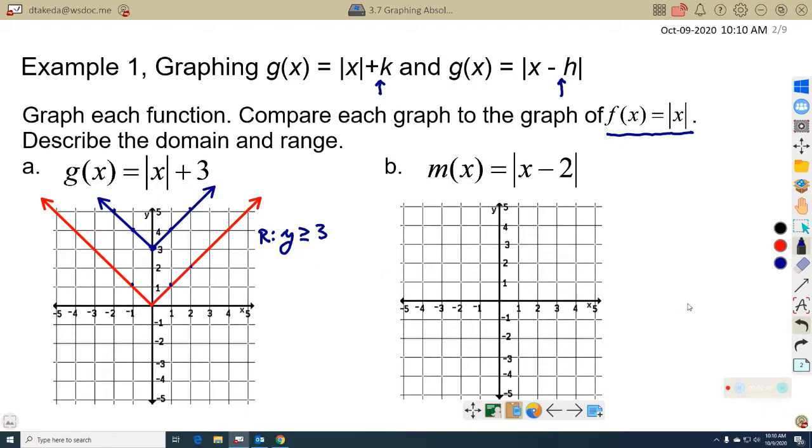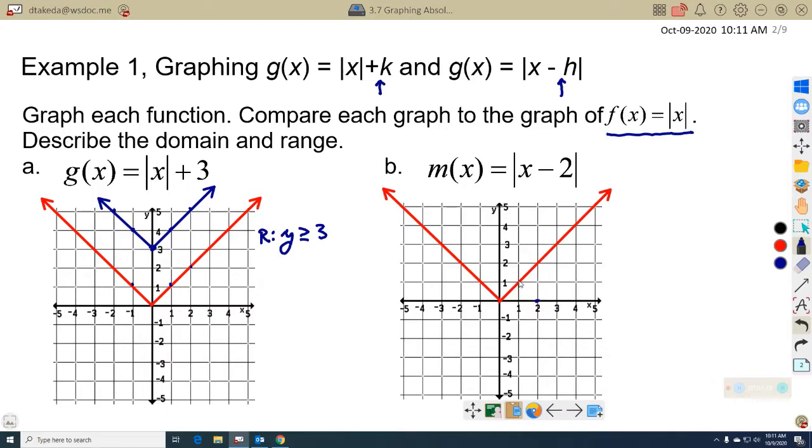Okay, let's take a look at b here. So the parent function here will also look like the one in the original graph, which is like this. Okay, but now what's happening here? We're modifying the input, and remember, whenever we do anything with the input, everything is backwards. So it looks like it's minus 2, but what we're really going to do is translate this horizontally 2 spaces to the right. So this vertex becomes over here.